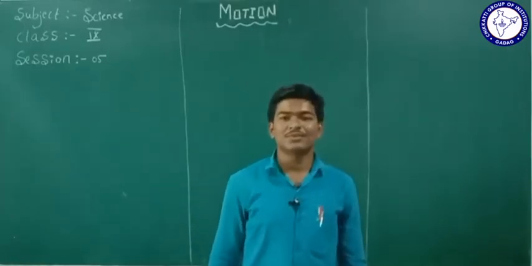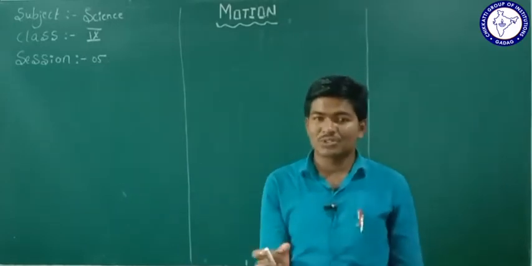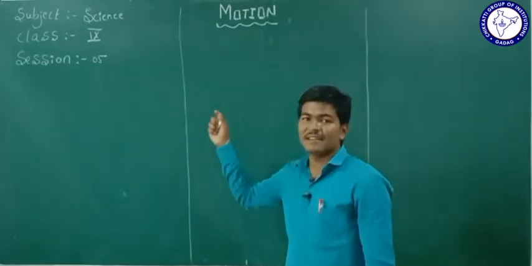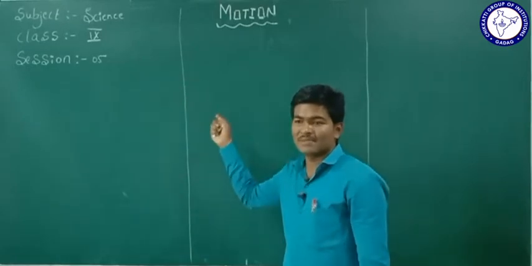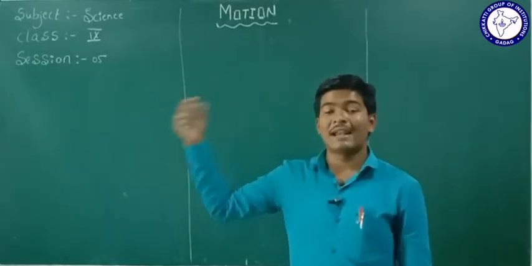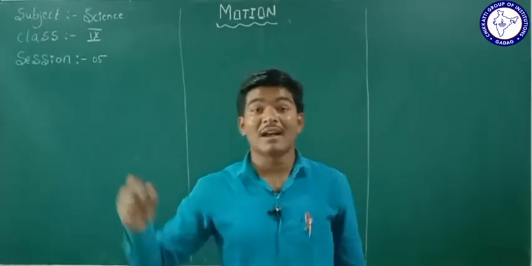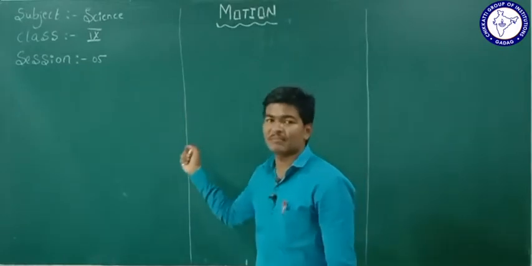In the last session, we discussed the representation of motion in terms of graphs, that is, velocity-time graphs and distance-time graphs, isn't it? And also in the last class, we discussed some expressions derived by using velocity-time graphs and distance-time graphs.